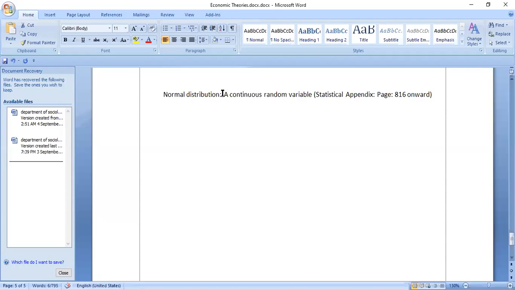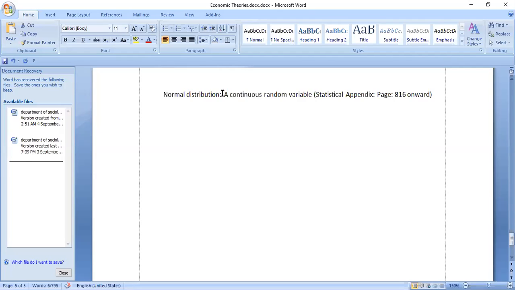That's why we have to spend some time on the normal distribution. It has some very good properties, and any other continuous distribution you have to compare with the normal distribution.